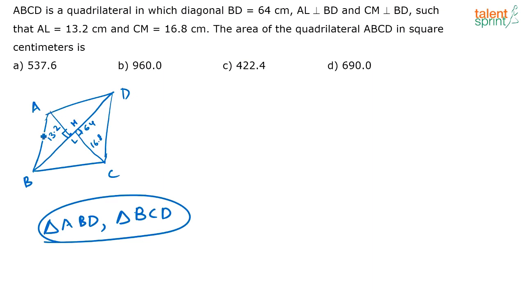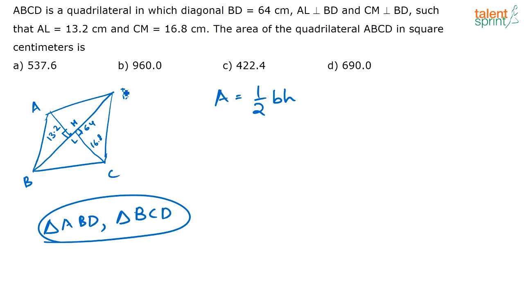Because if you look at triangle ABD, you know the base length of the triangle and you also know the height. For any given triangle, if the base and the height are given, the area of the triangle is half into base into height. So you can very easily find the area of both the triangles.